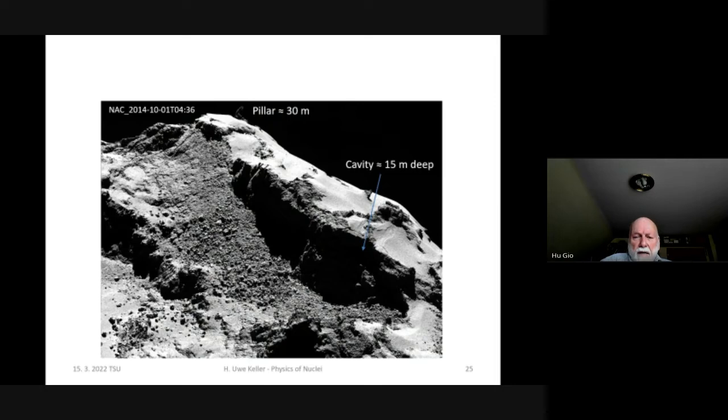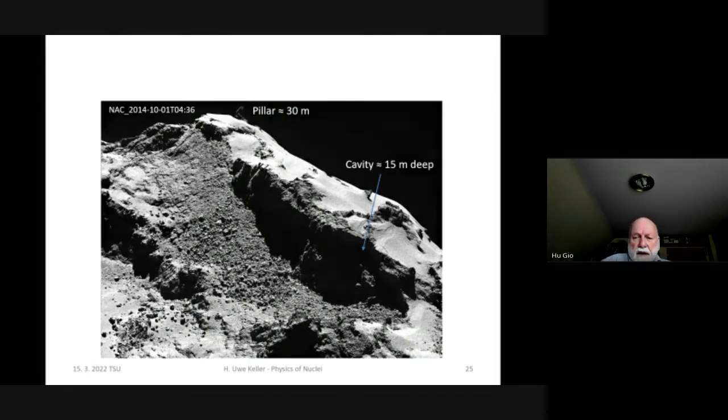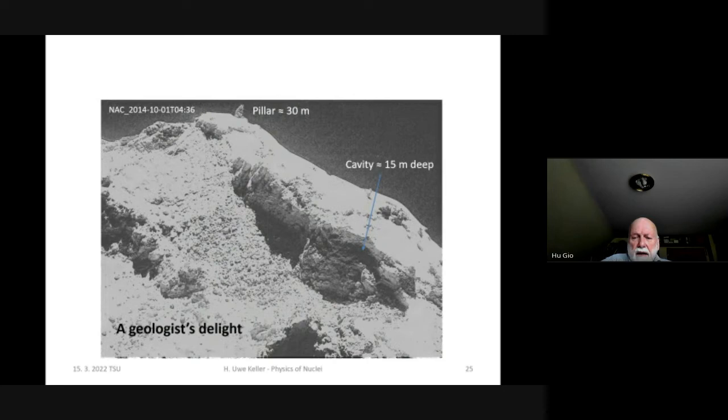And we see big pillars, we see cavities, and here, for example, a 15-meter deep cavity, and this can be used to calculate the strength of the material above the cavity, and this was used to give you values between, let's say, 10 and 100 pascals.